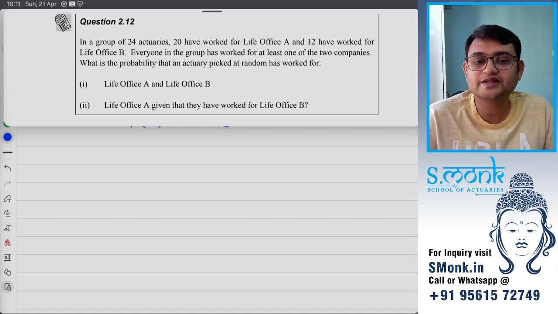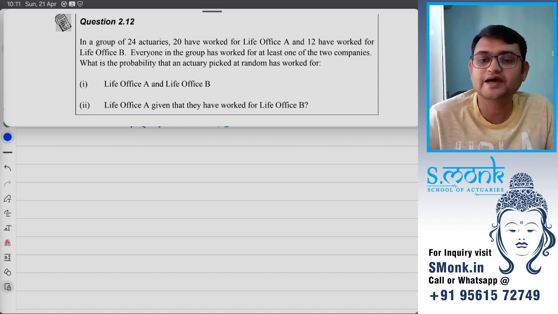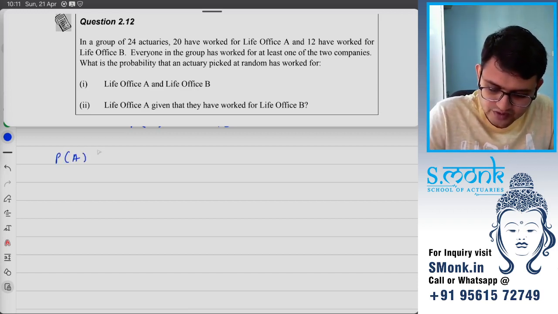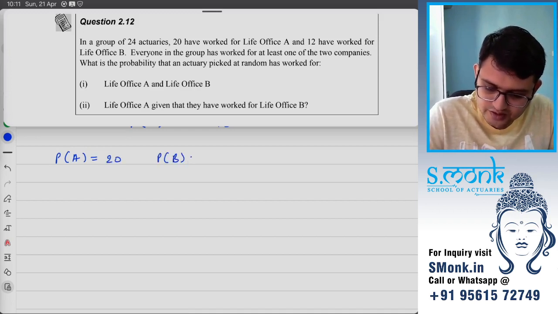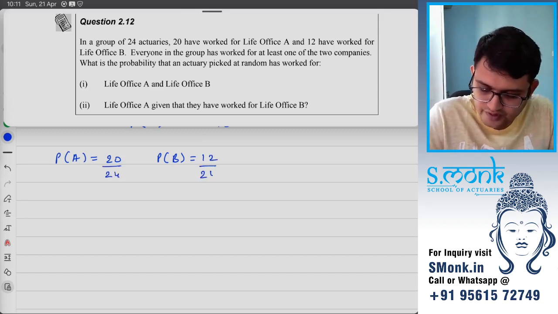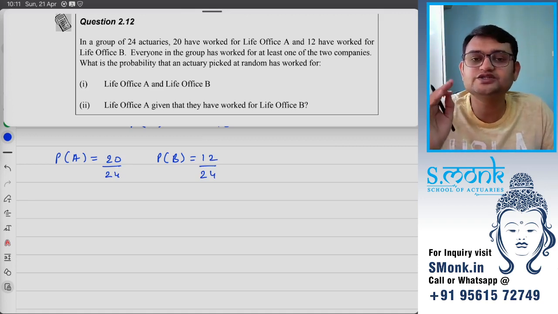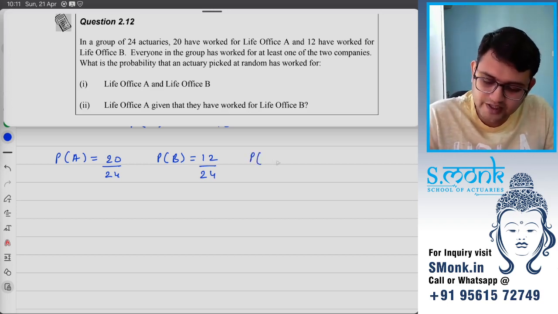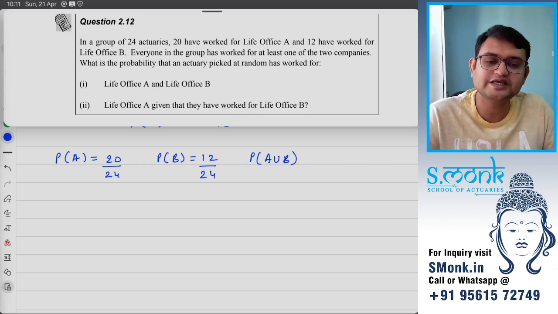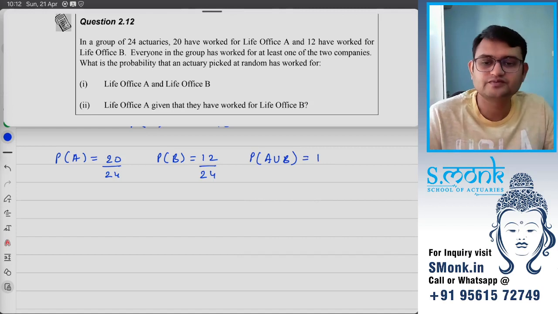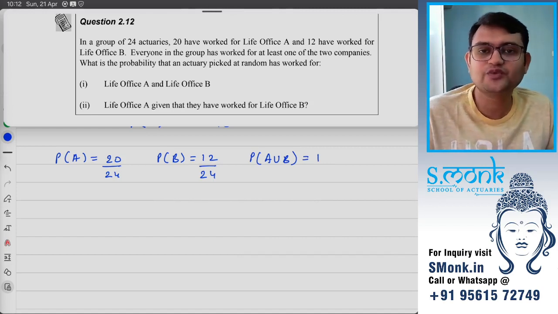First of all, the given information: life office A, 20 have worked; life office B, 12 have worked, out of 24. So probability of A union B, that means either A or B or both, would be 1, because everybody has worked for either A or B or both.